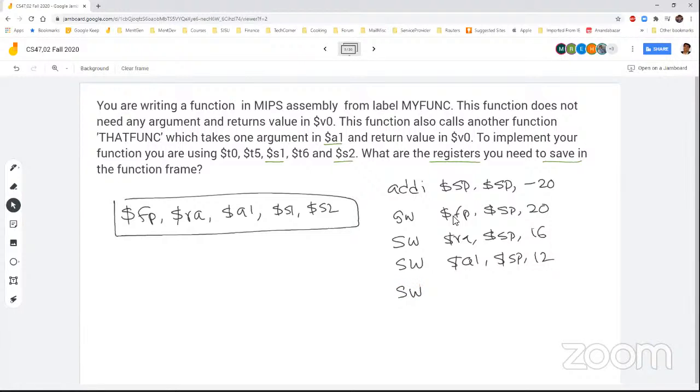And 1, 2, 3, 4, 5, 20. Would we need to make FP 24? Yeah. S1 with respect to SP. I think you need to check the format of that. I think it is more like 24, like this one, right?